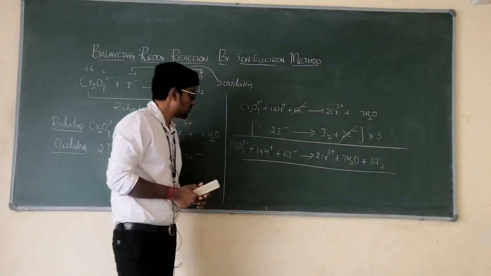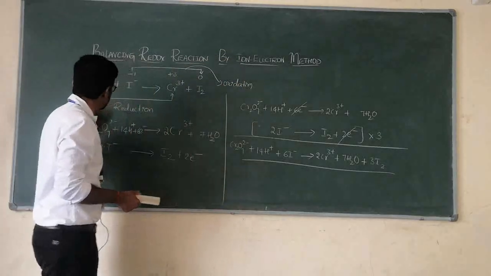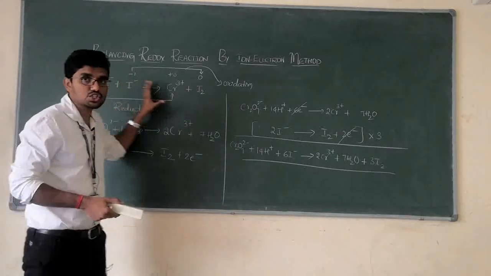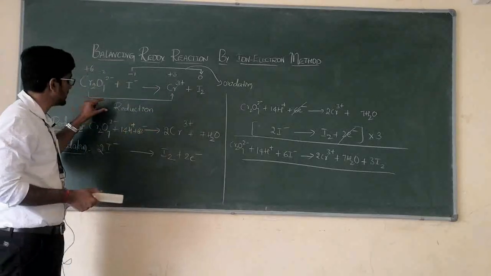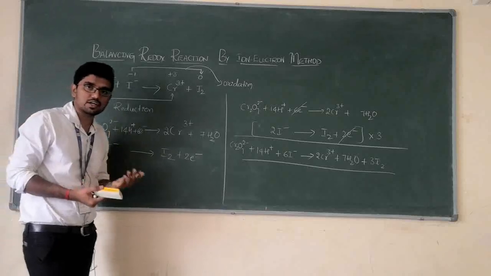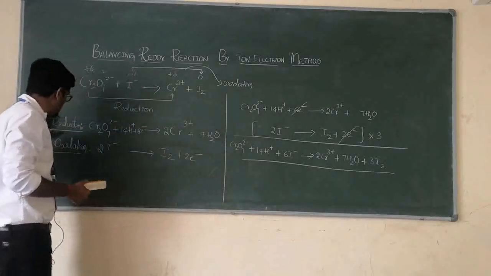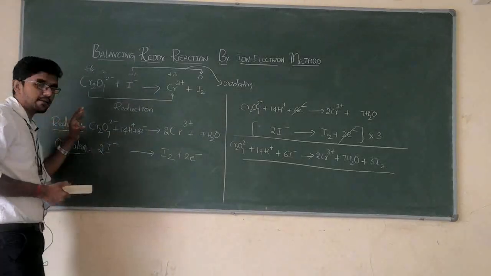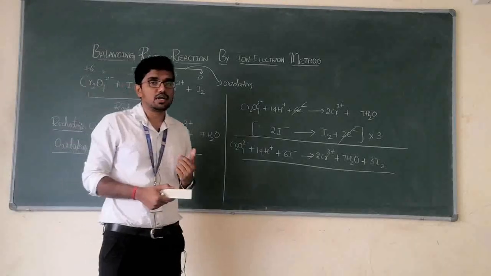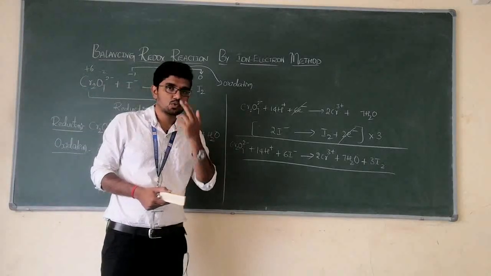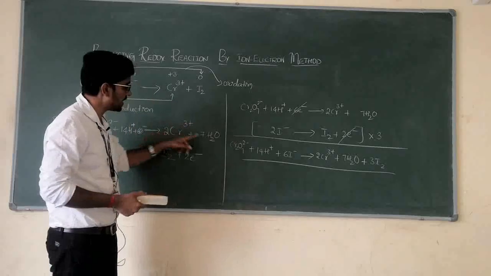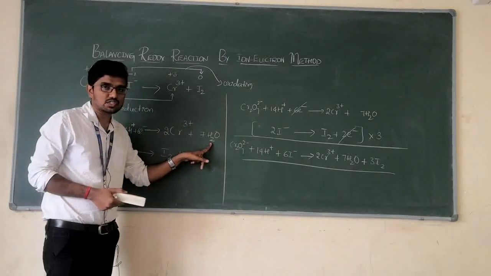Hope you understood. In the first step we write the oxidation number of each atom. Next we identify which is undergoing oxidation and reduction. Then we separately write down the reduction half reaction and balance atoms other than oxygen and hydrogen first. Next we balance oxygen by adding the required number of water molecules on the deficient side.